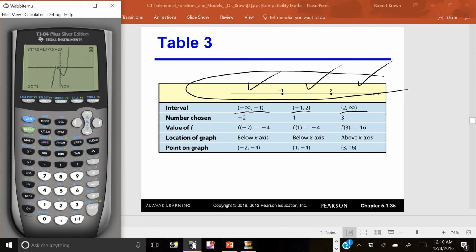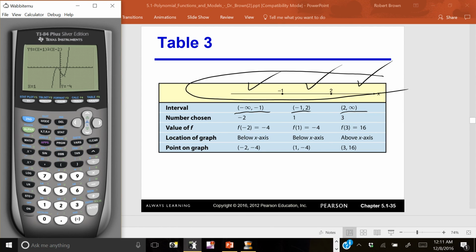Let's put in the value 2. Or let's put in the value 1. And we get f of 1 equal minus 4.